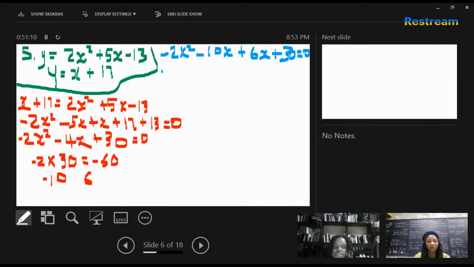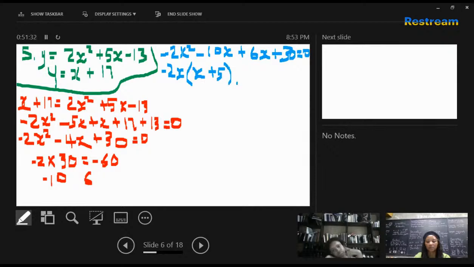So the common factor of negative 2x squared and negative 10x is negative 2x. Negative 2x into negative 2x squared is x, and negative 2x into negative 10x is positive 5.